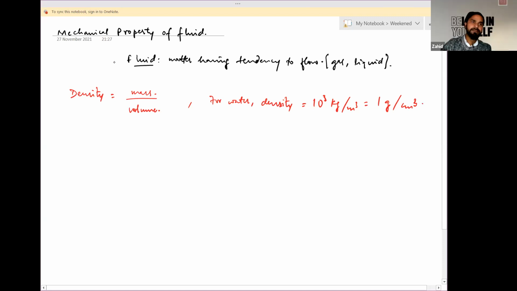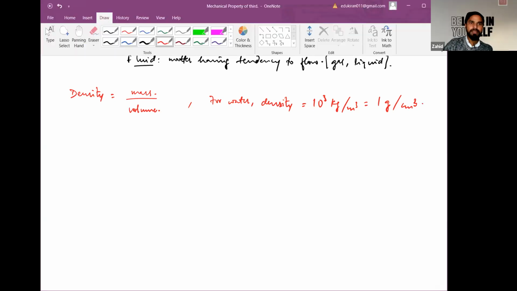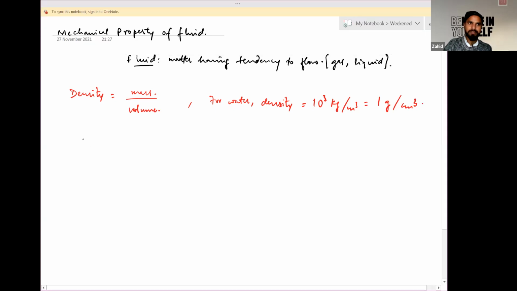And the next term is about density for any two different substances: relative density. It is just a ratio of the density of any substance to the density of water at 4 degrees Celsius, where it is maximum.